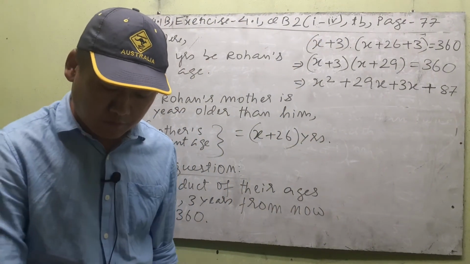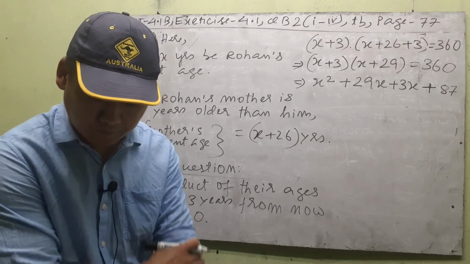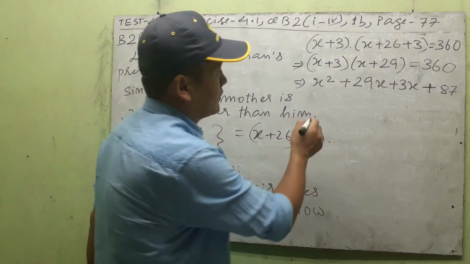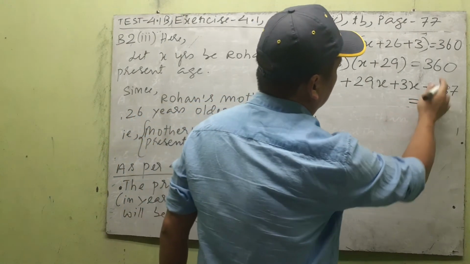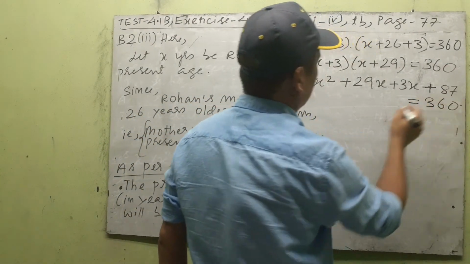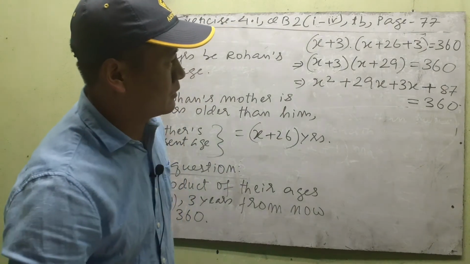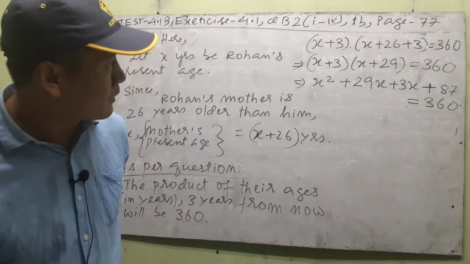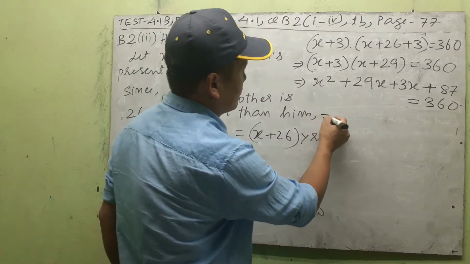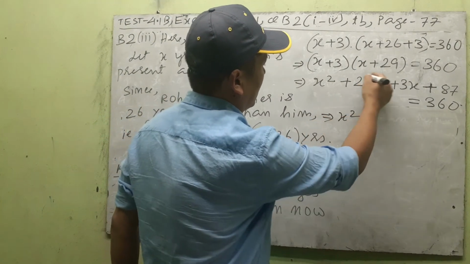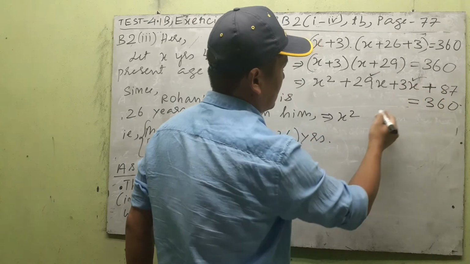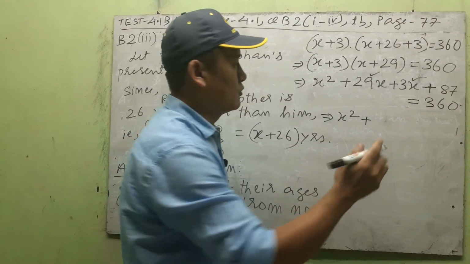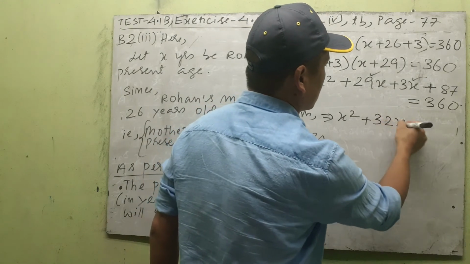So let us write that. Next, x squared. These two are like terms: 29x plus 3x is 32x.